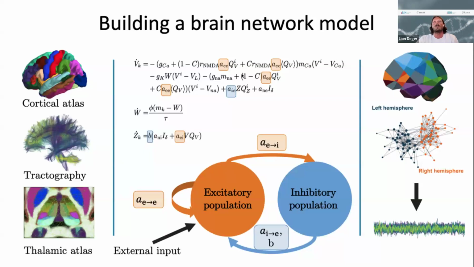Okay, so now to the modeling. I will not go too much into detail here because you have probably heard about these approaches a lot. To keep it short, we created a structural connectome based on structural MRI data, with a classical cortical parcellation, and then connected to this cortical connectome a fine-grained thalamic parcellation.